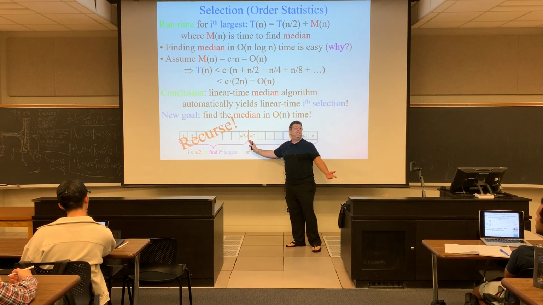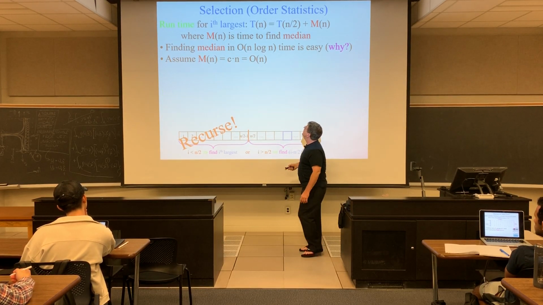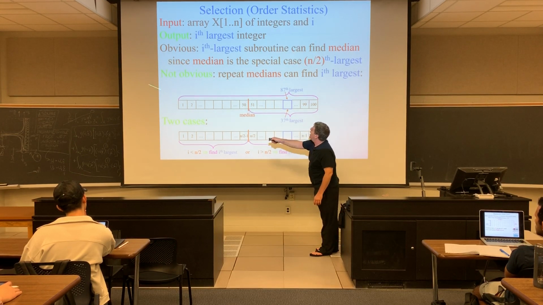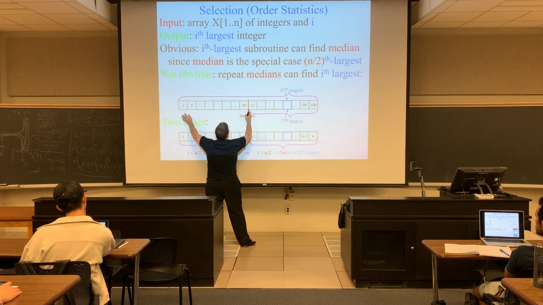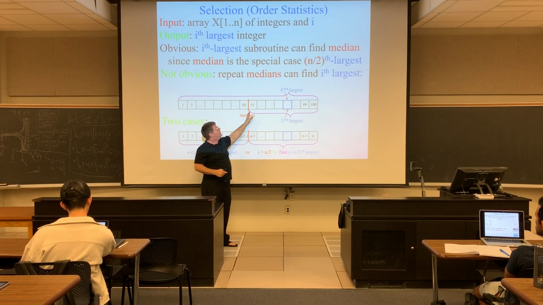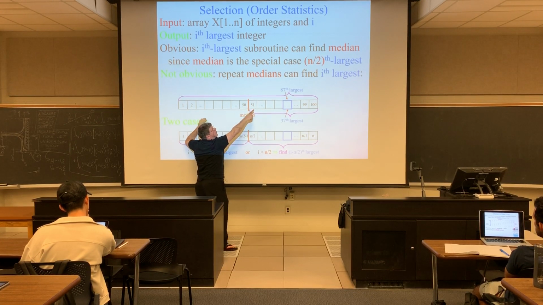And you're looking for the 87th, in this example, I guess, or the previous example. You're looking for the 87th in this entire array. And everything from this point downwards is smaller than the median, and the median is in the 50th place. So obviously the 87th largest is not going to be anywhere in this portion right here, because that's 50 of them, and you're looking for the 87th.